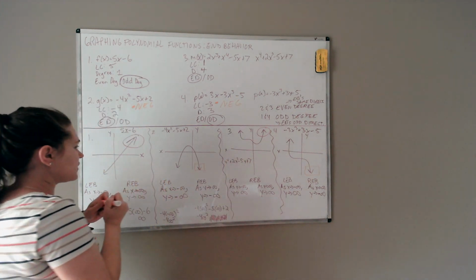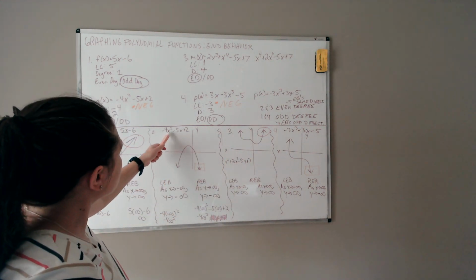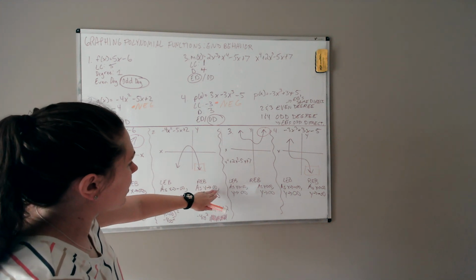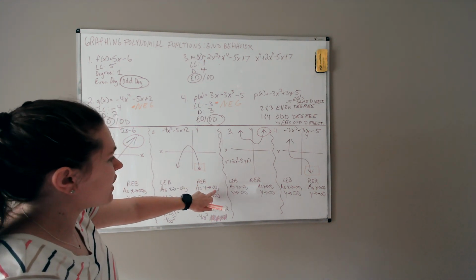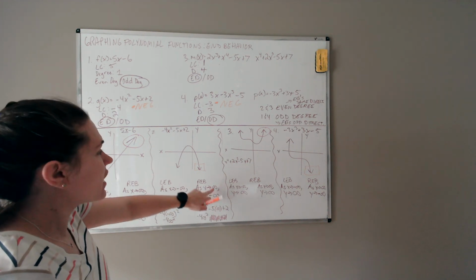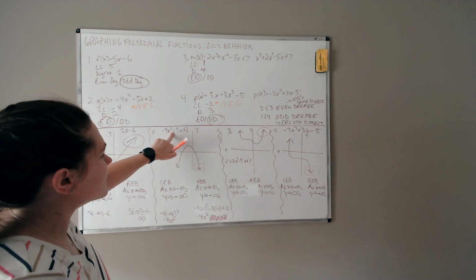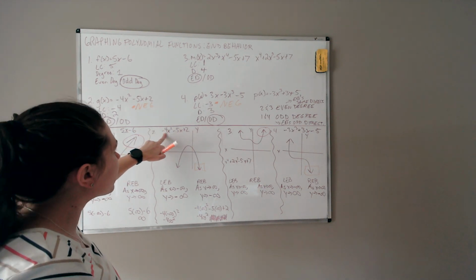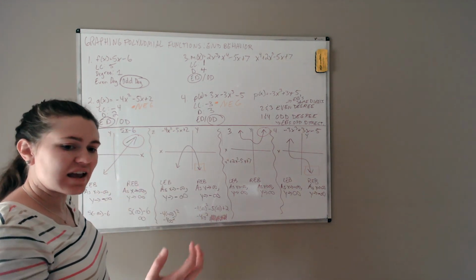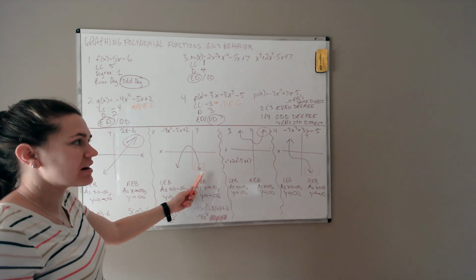What that means is, I'm going to plug something in. If I'm talking about my right end specifically, that means I'm going to plug in a positive number. If I raise it to the second, it's positive. But then I'm going to multiply it by a leading coefficient that's negative, so it's going to end up being negative.